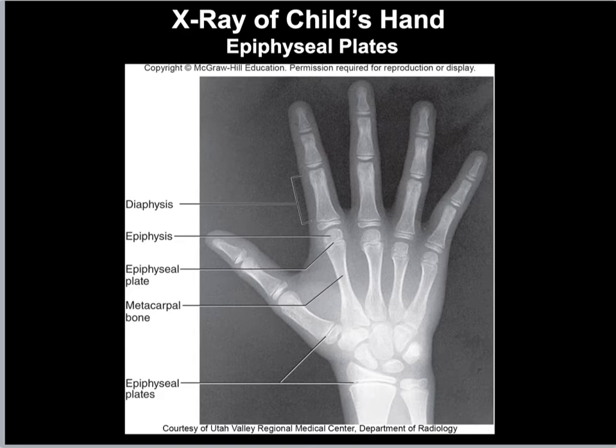So here you can see an x-ray of a child's hand, and so this bone here, this is the diaphysis of the bone, and then you can see the epiphysis of the bone here and here. So there is non-bony tissue, cartilaginous tissue, in between the diaphysis and the epiphysis.